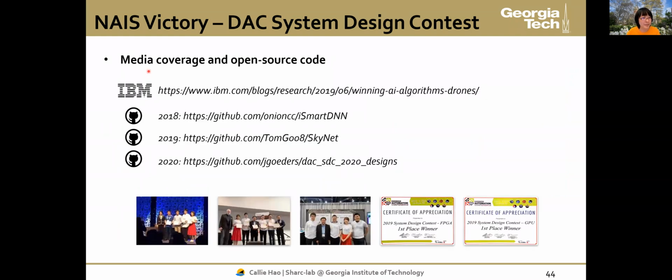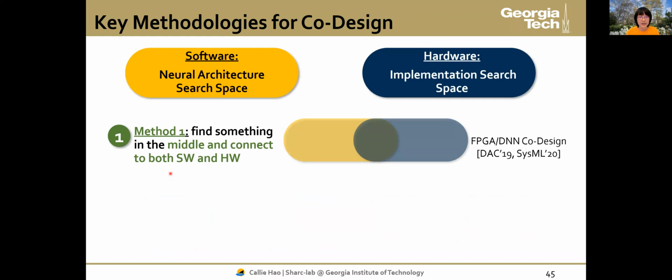And we do have some Medium coverage and open source code, and feel free to check them out. All right, so this is the first design methodology, co-design, where we want to find something in the middle, and this something in the middle can be connected to both software and hardware. And we use this FPGA and DNN co-design to demonstrate how we do the co-design.